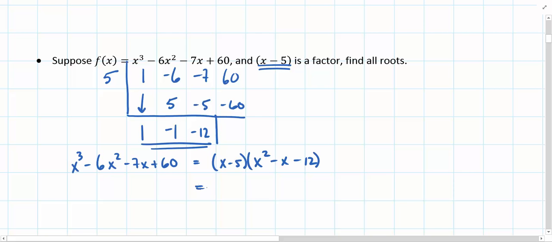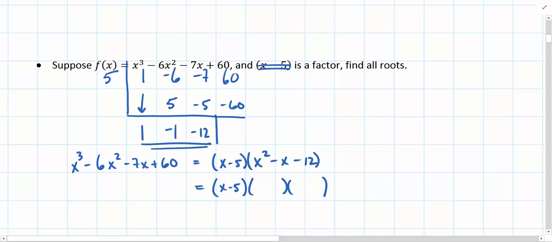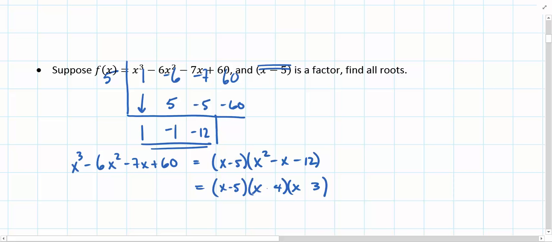Now let's see if we can factor this trinomial again. And I think we can. We can find two numbers that multiply together to equal -12, but add or subtract to equal -1. And for that, we can use the numbers 4 and 3. And I think we should use a -4 and a +3.